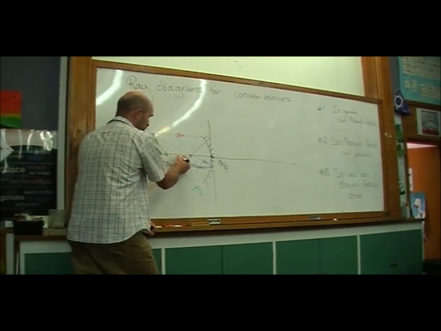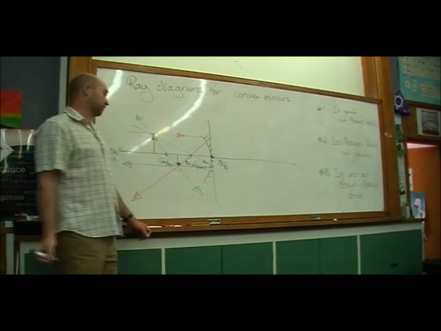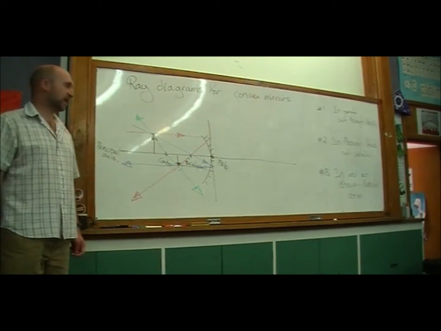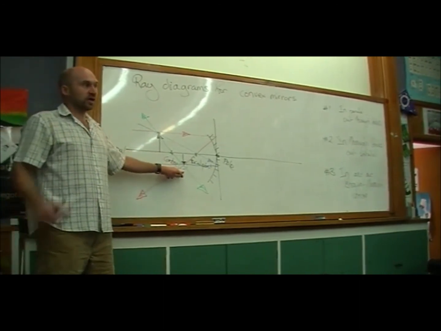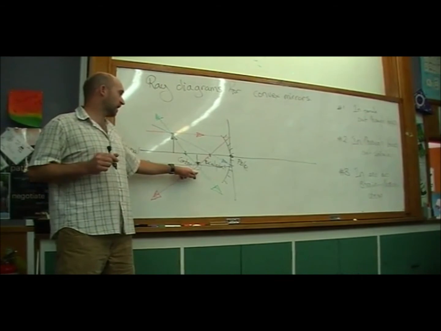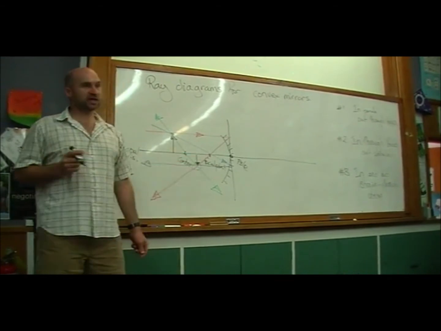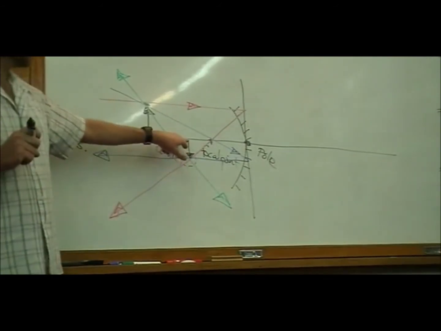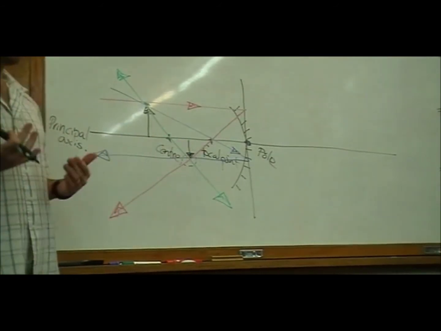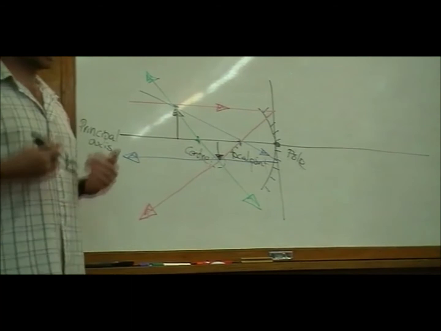We're going to draw an arrow to represent the image from the principal axis. But because those three rays are converging below the principal axis, our arrow is going to be drawn upside down. That shows us our image has been formed upside down, we say inverted.